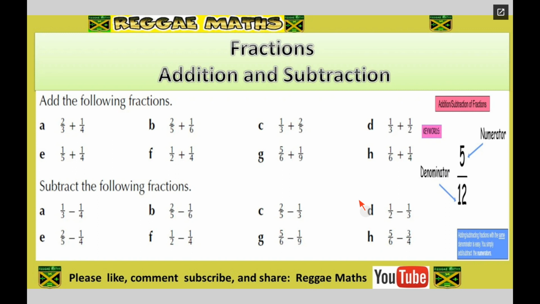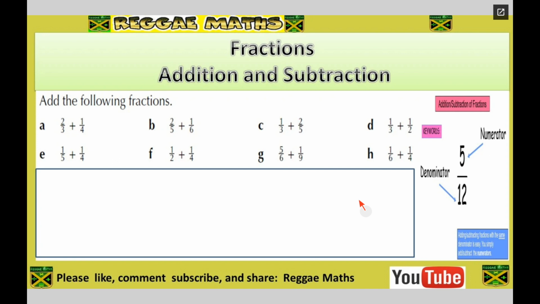Followed by that, I've got some exam questions which I'd like you to have a go at. So let's go. If I start with A, I've got here 2/3 plus a quarter. The golden rule here is to find the lowest common denominator of 3 and 4.